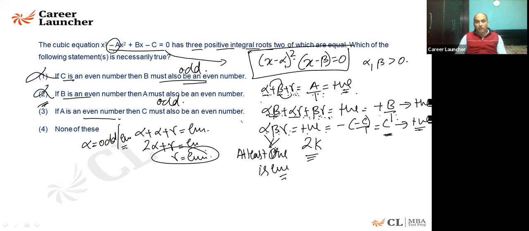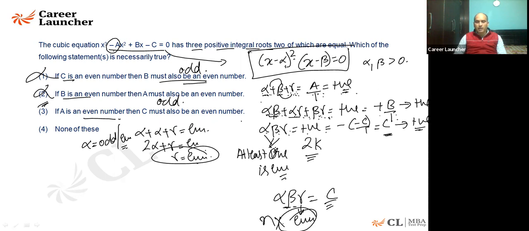Then C must be even. Of course. Why? Because the product alpha, beta, gamma is coming out to be C. I know gamma is surely an even number. Alpha can be odd or even. Both of them are the same. So when one of the numbers is even, even into anything is what? Even. So C is surely an even number. The third one is coming out to be correct.